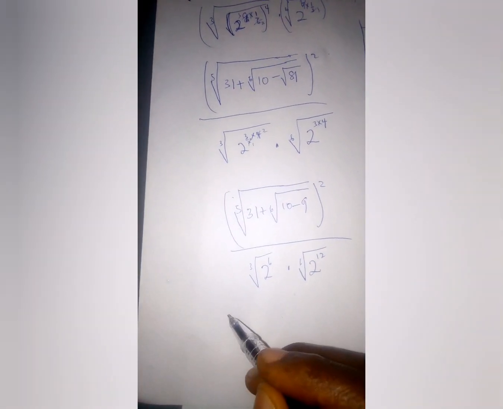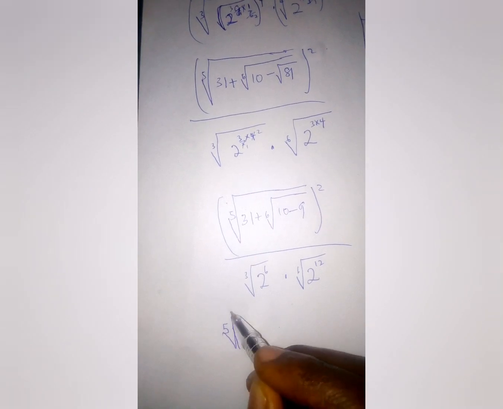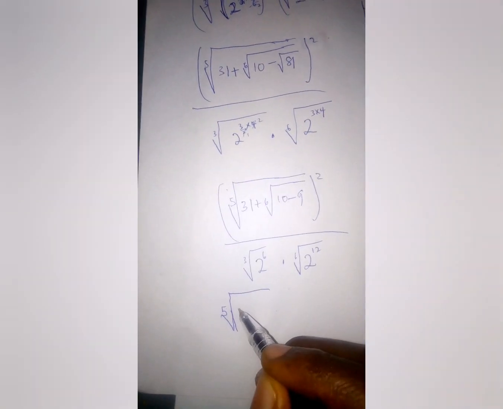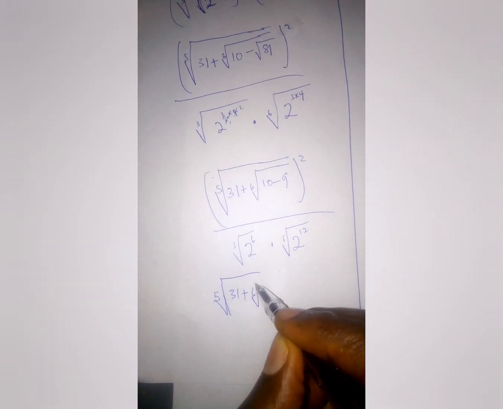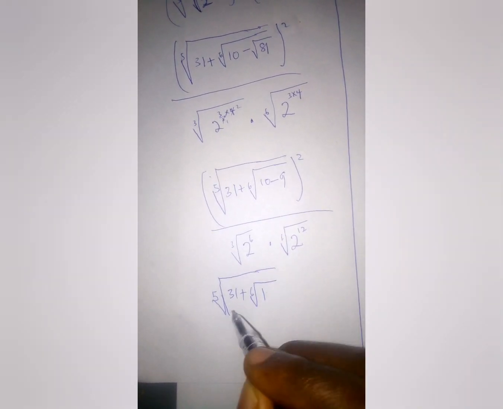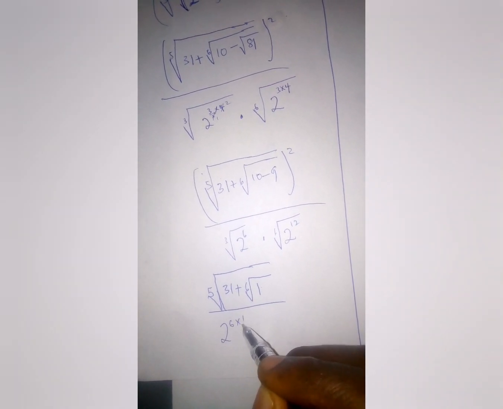So now we still have the fifth root of 31 plus the sixth root of 10 minus 9 gives 1, over 2 raised to power 6 times 1 over 3.